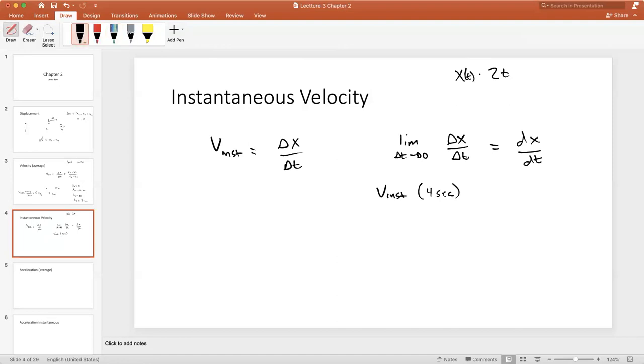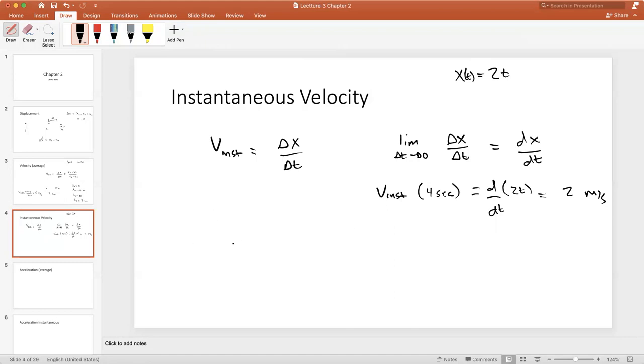I should really write this as a function of t. Then I take the derivative with respect to t. If you take the derivative, this just becomes 2, and it becomes a constant 2 meters per second. That's easy and obvious, right? And so at any time, not just at 4 seconds, it's 2.